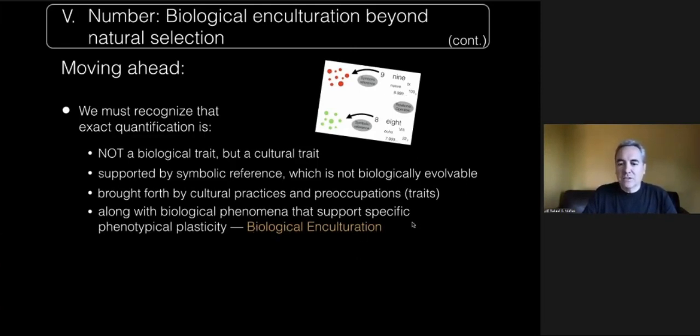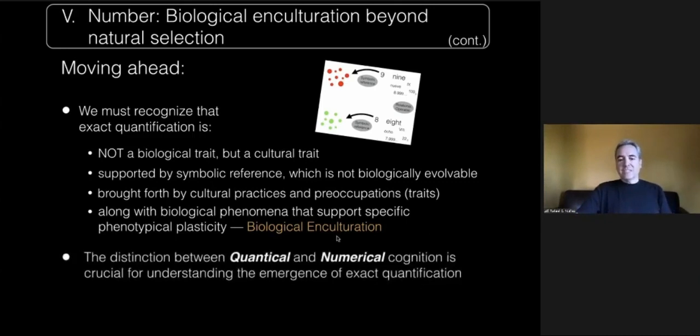And that's where biological enculturation begins to play a role. So the distinction between quantical and numerical seems to me essential to distinguish what it is that really brings us to what we do with numbers, as opposed to these biologically endowed mechanisms that do exist in humans and many other species but, according to the characterizations I'm giving here, are not numerical because they don't have those properties of numbers I discussed earlier.